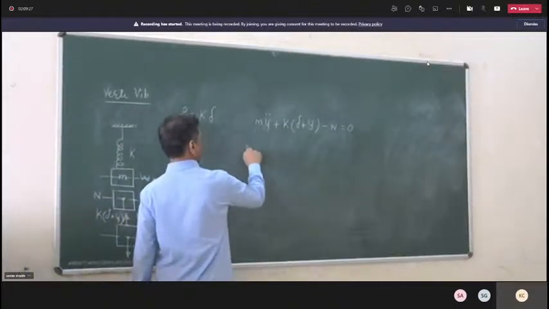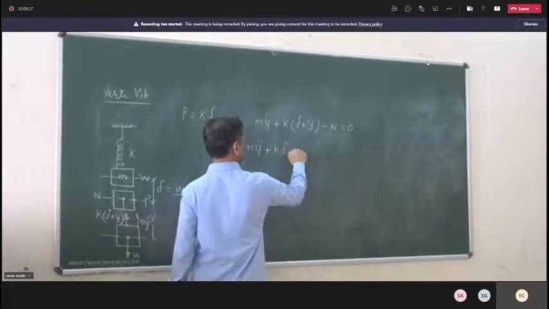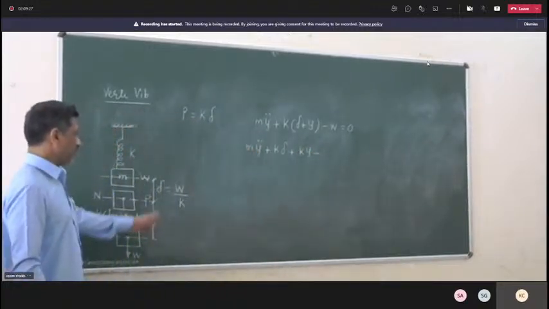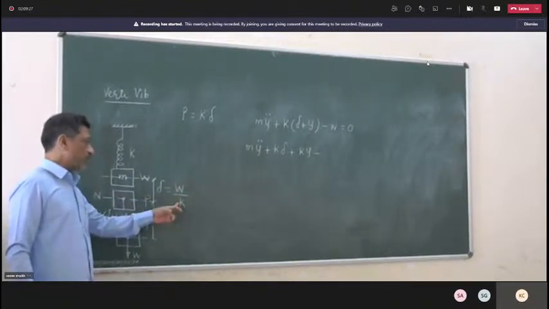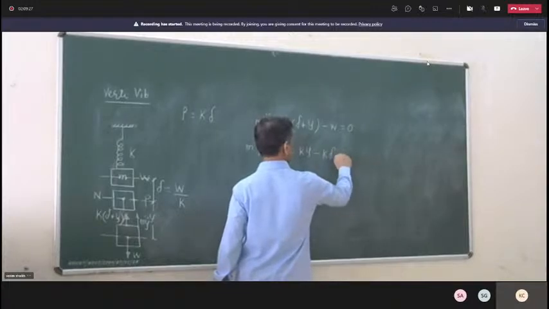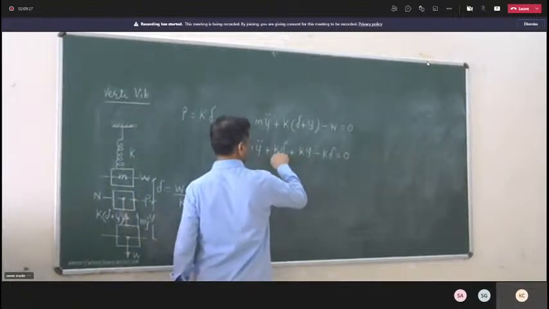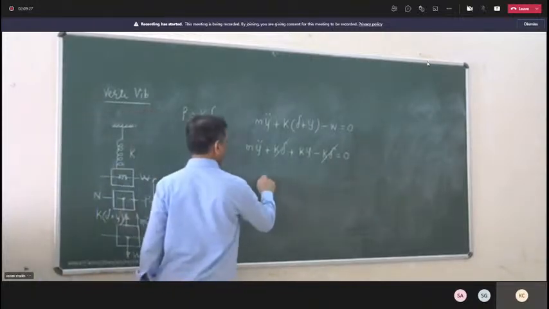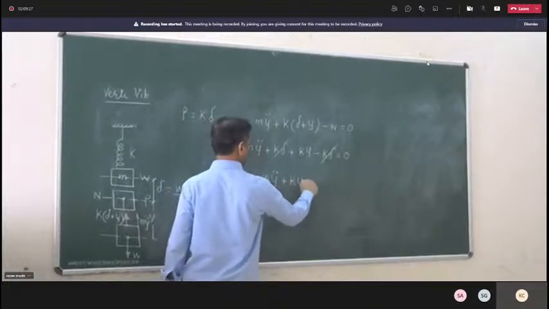If I expand the bracket, m y double dot plus K delta plus K y minus W. What is W? Delta is equal to W upon K, therefore W is equal to K delta. So I can write K delta minus K delta is equal to 0. This K delta will get cancelled. And thus I get the differential equation of vertical vibration as m y double dot plus K y is equal to 0.